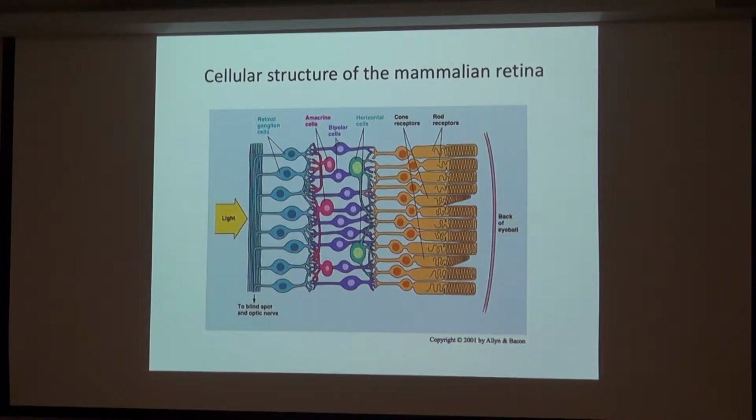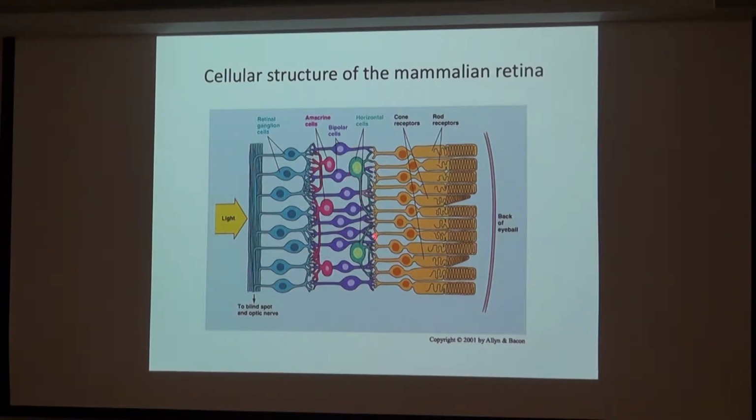They synapse then to a different cell layer. There are horizontal cell layers and bipolar cell layers that make transversal connections. And then the other cell layer is the ganglion cell layer, which pools the information from a range of photoreceptor cells and sends it then through the optic nerves to the visual cortex in the brain.